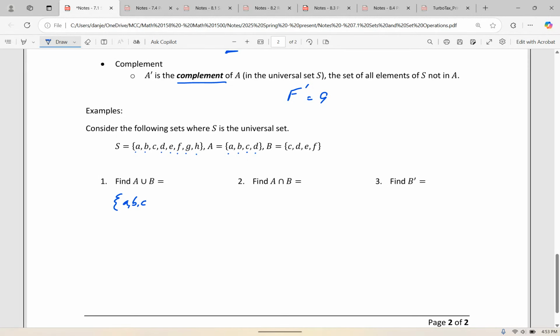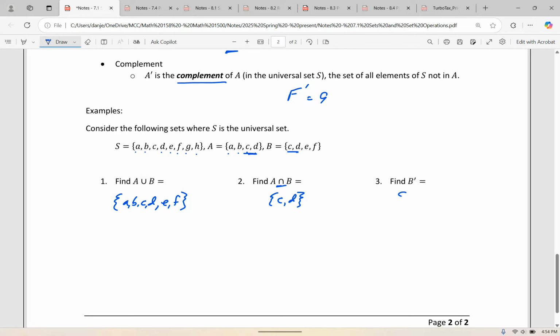A, B, C, D, all of the letters in set A, and all the elements in set B. I don't need to relist the C and the D, they're already there, but I'm going to include the E and the F. Okay. Now the intersection of A and B, this is the intersection of A and B in number 2, that would be the letters that occur in both sets. The letters common to both sets are C and D. So the intersection is just C and D.